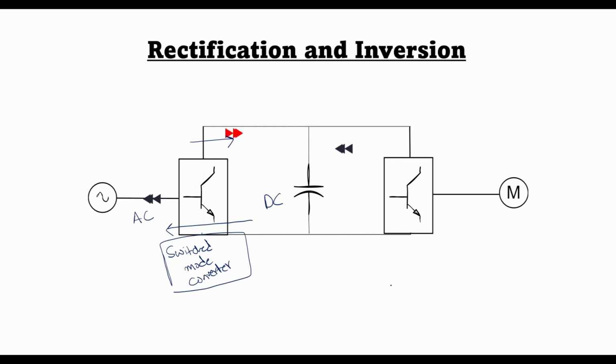And during normal operation, energy would flow from the mains towards the induction machine via this inverter, but this inverter also allows two-way power flow. Thus, this is also a switch mode converter.